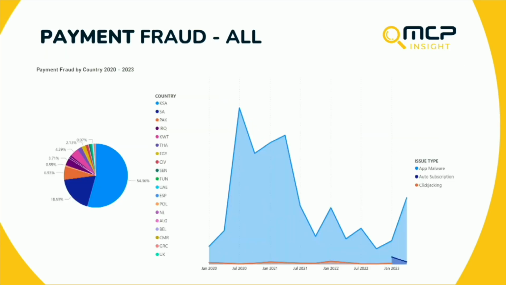This is the payment fraud statistic, where, again, same period, and we can see a massive increase in APK fraud. So that's in-app advertising and fraud being perpetrated in that environment. And interestingly, you can see second quarter of 2020, the third quarter of 2020, a massive increase in fraudulent attempts.